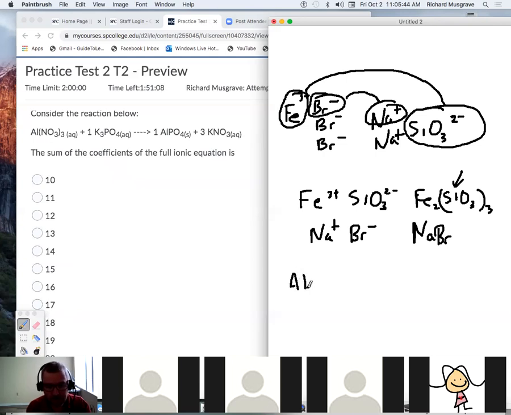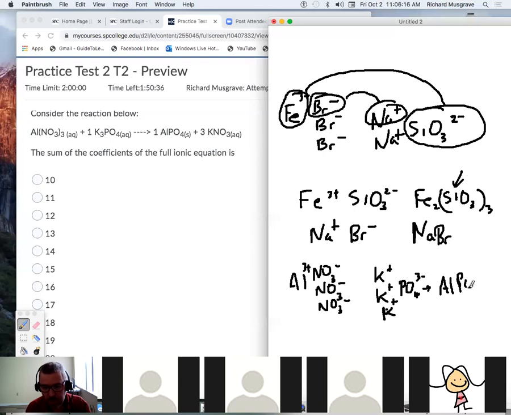But again, it's a matter of being able to come up with the pictures. Now the solid, and this is important, the solid stays whole.